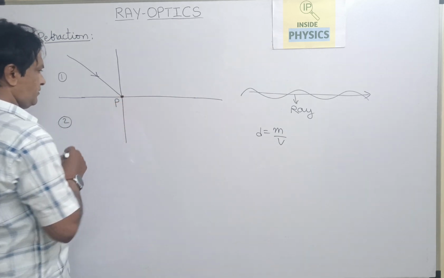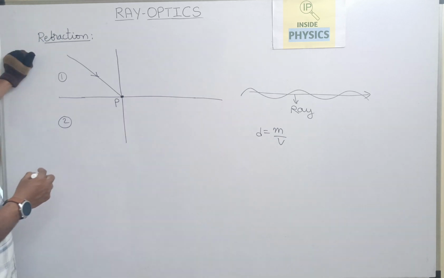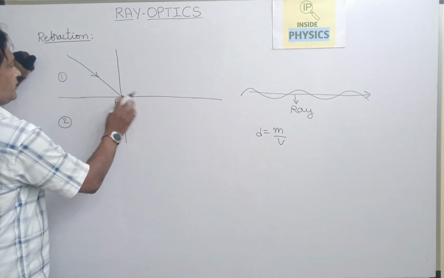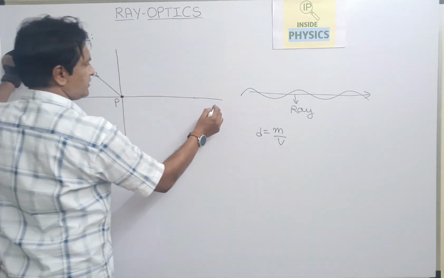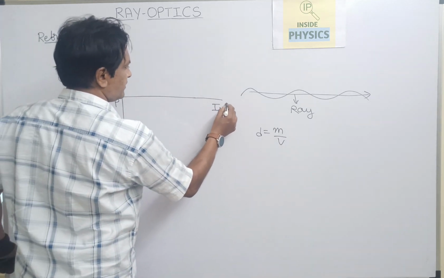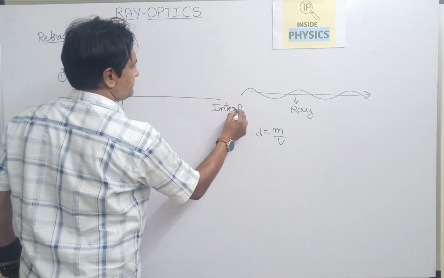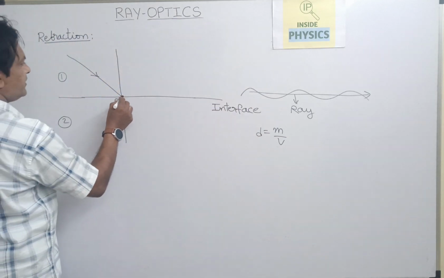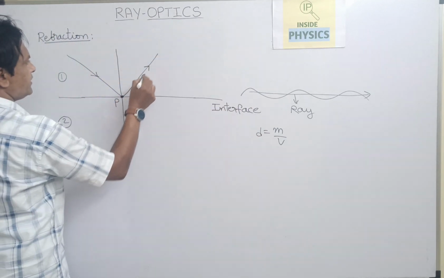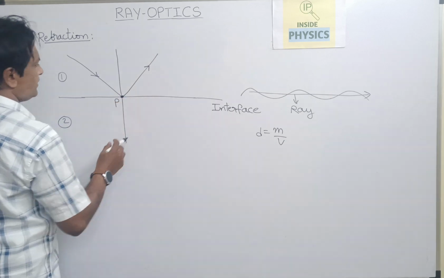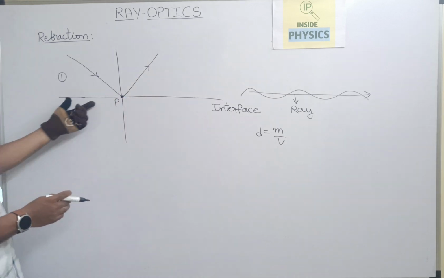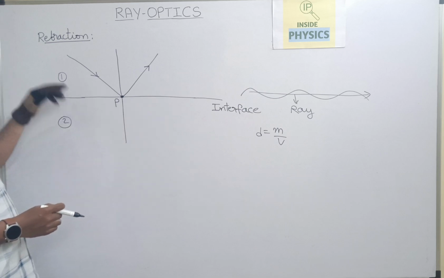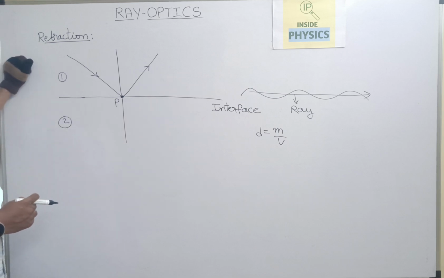Say P is the point of incidence where the incident light touches the border of these two mediums. Some part of the light will be reflected back into the same medium and the other part will pass through the second medium, changing its direction depending on the optical density of the two mediums.